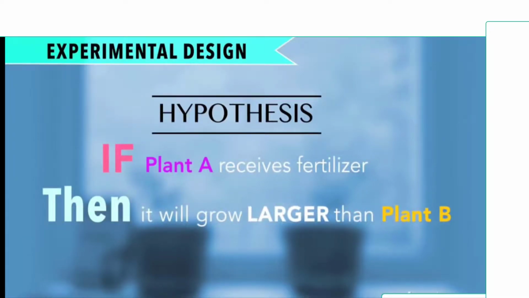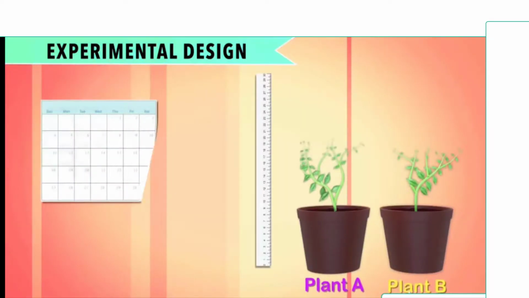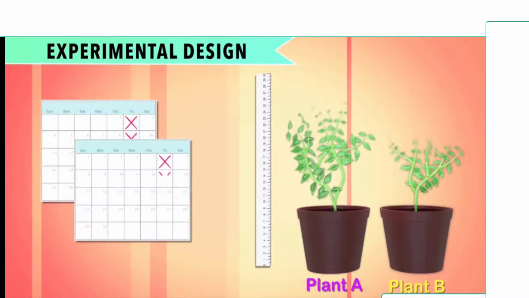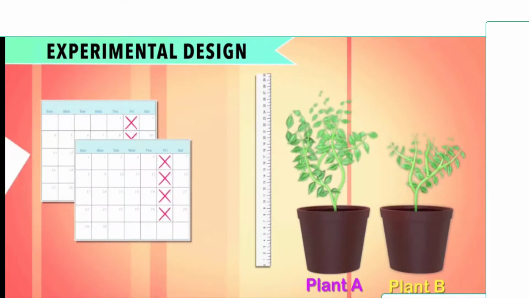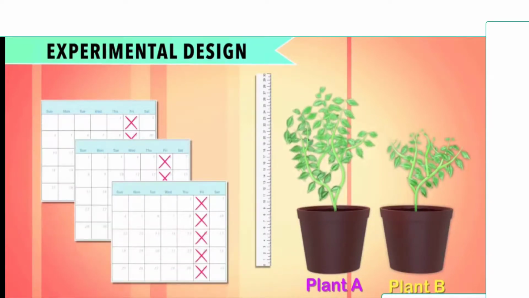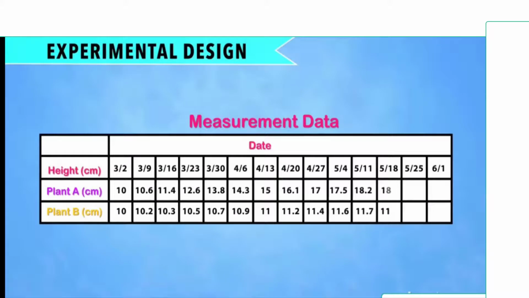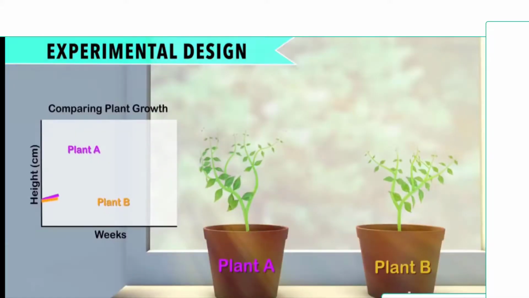Students, hypothesis: if plant receives fertilizer, then it will be larger than plant B. We record observations for 3 weeks. And gather data arranged in a tabular form. We draw a comparative graph.